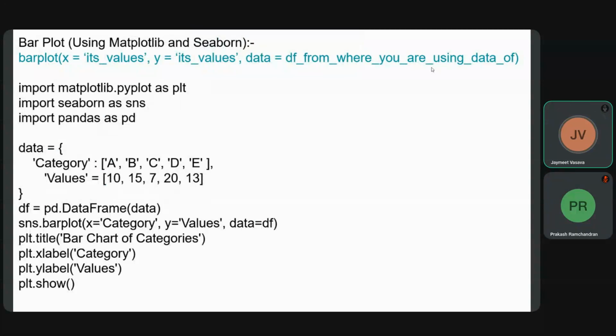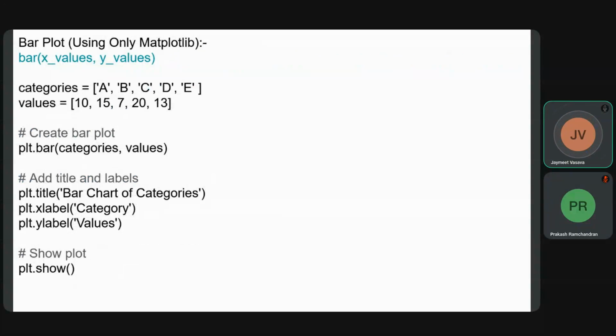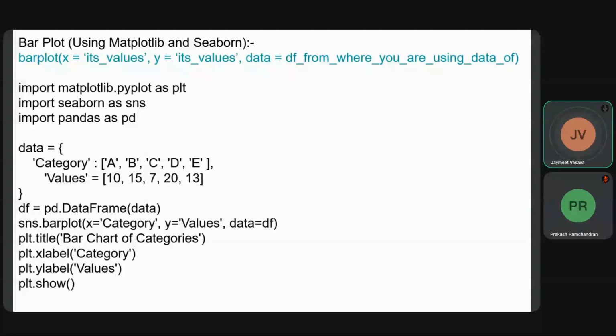Now we'll be using both the libraries for our use. In matplotlib we used bar as the method to create the bar plot, but in Seaborn it's a barplot method, and what it takes is X, Y and data.